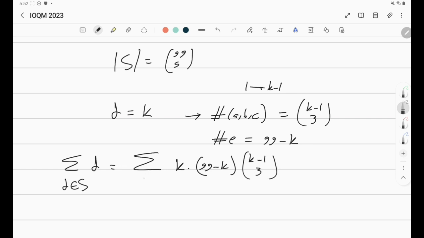Of course, you can see that the first value for K is going to be 4.